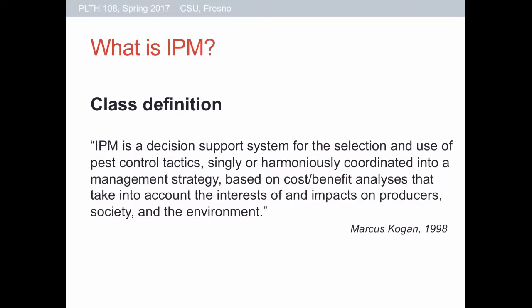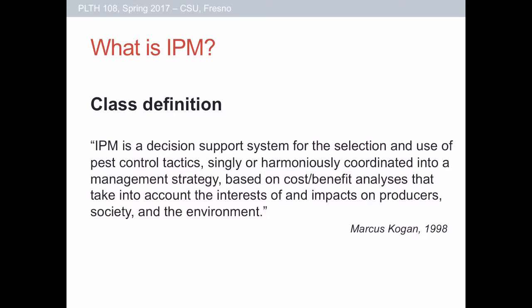And I like this definition because it pulls everything together very succinctly. On one hand, IPM is a decision support system. So IPM is a set of steps that we use to reach a decision about pest management. It focuses primarily on pest control tactics. It talks about how you can use single controls, but you can also use them harmoniously, working together. And it's also about cost-benefit analyses. The goal of IPM is to maximize the benefits that everybody gets.